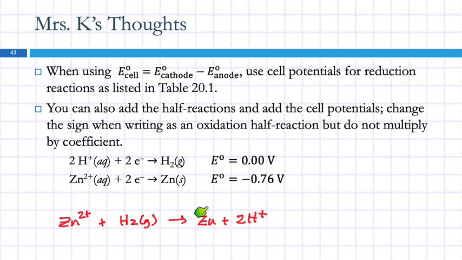If this is the reaction that's occurring, where the zinc is being reduced, but the hydrogen is being oxidized, we can take this reduction half reaction and write it backwards.